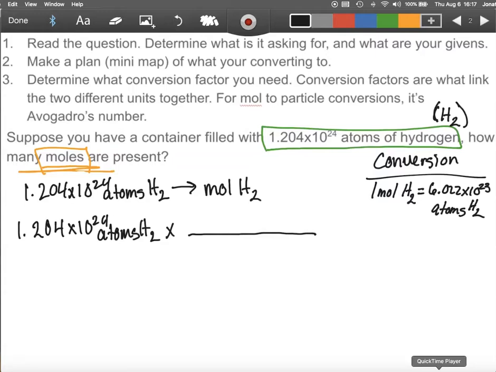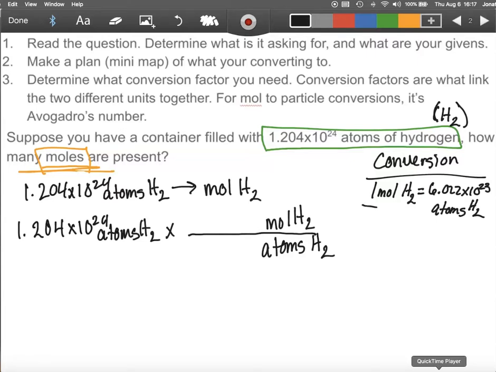Alright, let's go ahead and set this conversion factor into the equation here. We have atoms of H2 here, which means what's going on down there? In order to cross-cancel the atoms of H2, and then take us to the moles of H2, which is the final part of our map, that's going to go up top. Where do those numbers come from? Well, it comes from the conversion factor.